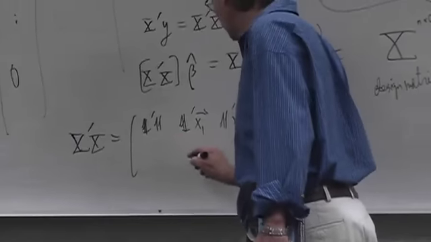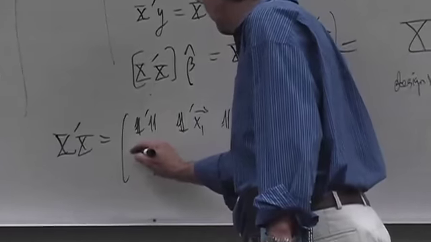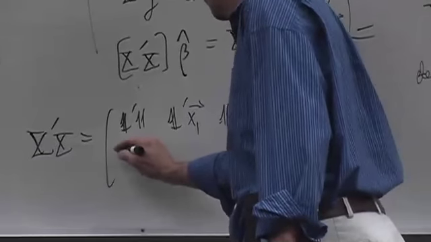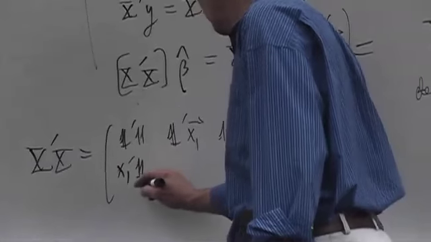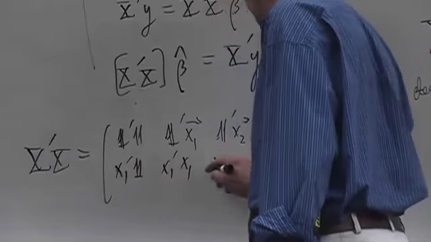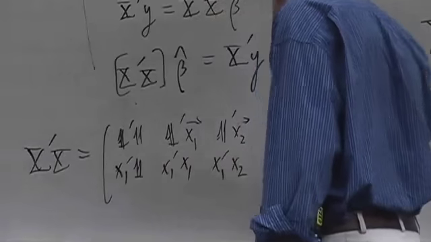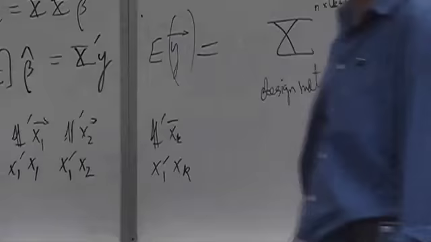And so it's basically x1 prime 1, x1 prime x1, x1 prime x2, x1 prime xk. All right, so those are products.